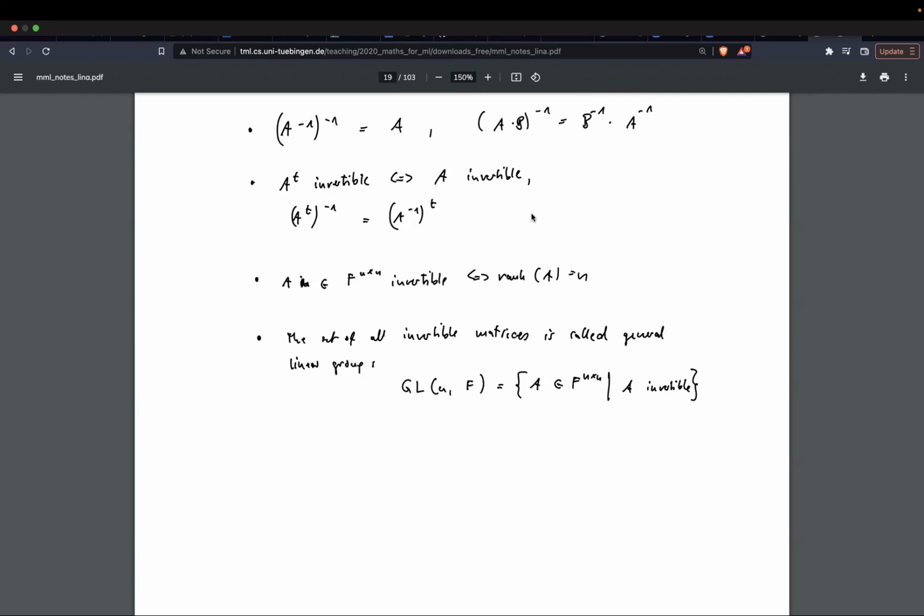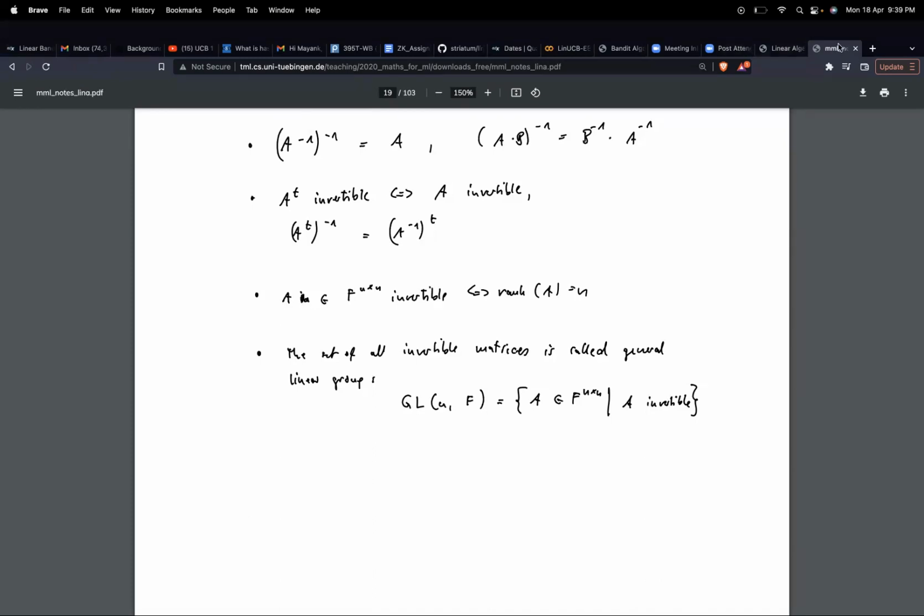Then I think it should map the determinant.